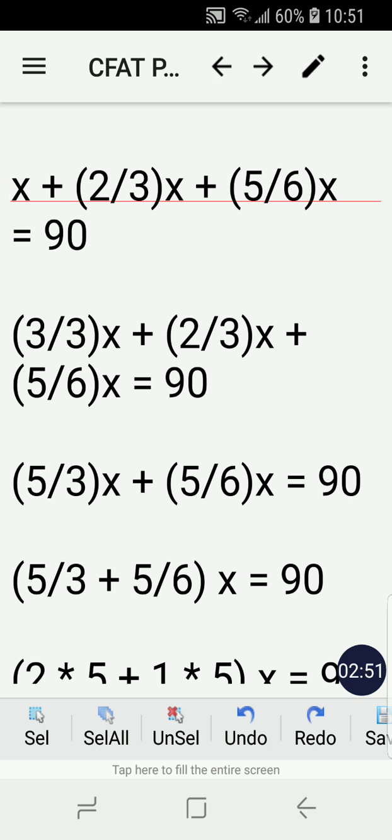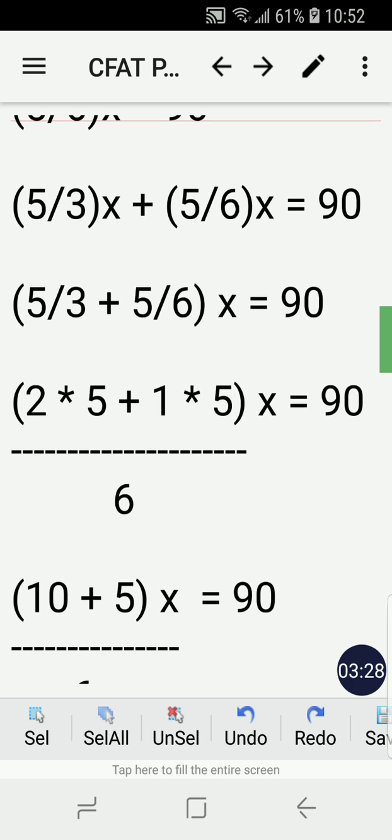The reason why we selected 3/3 is that it has the same denominator as the 2/3. So we have 3/3 x plus 2/3 x plus 5/6 x equals 90. Now we can add 3/3 plus 2/3, so we get 5/3 x plus 5/6 x is equal to 90.